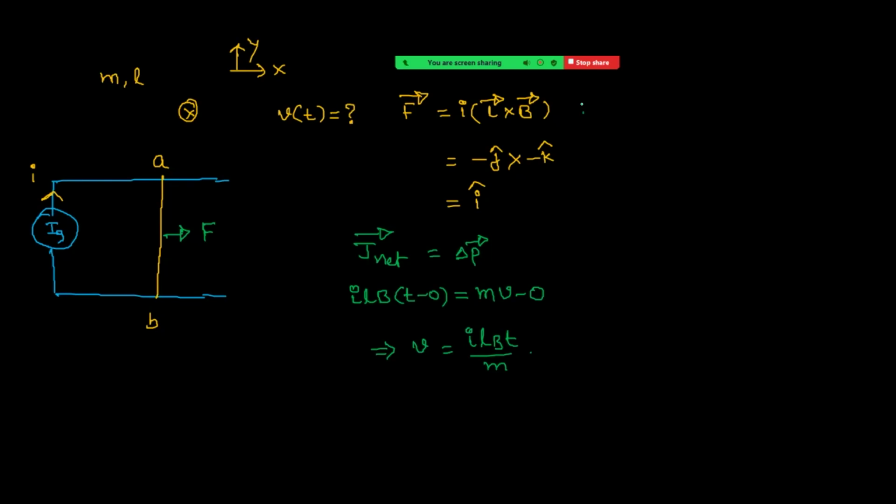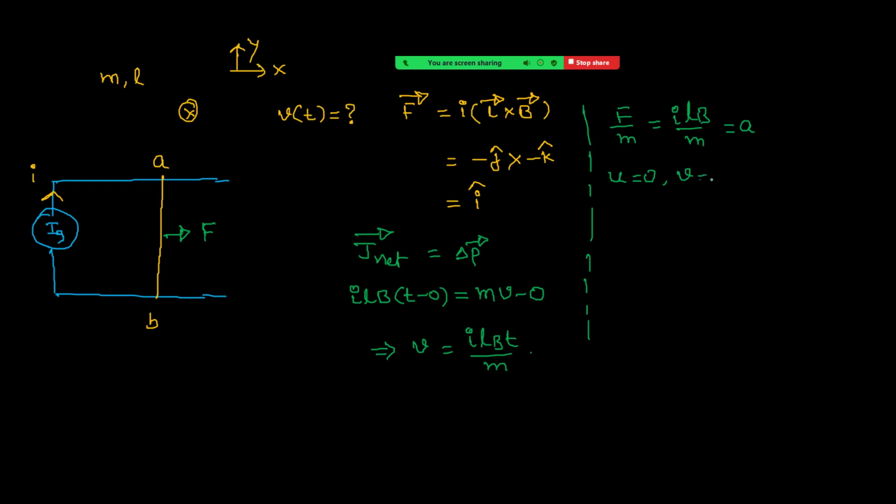Or if you want, you can solve the same problem by using kinematics. Here, force is a constant, right? Then I can write force by mass, that is acceleration, because F is the net force. That is acceleration, which is equal to I L B upon M. This is acceleration, which is a constant. Initially, velocity is 0, so u value is 0.